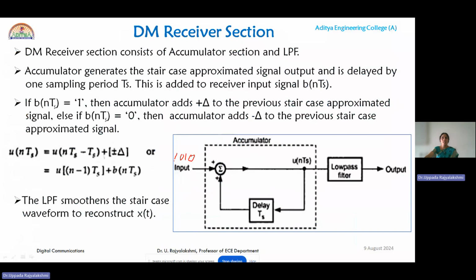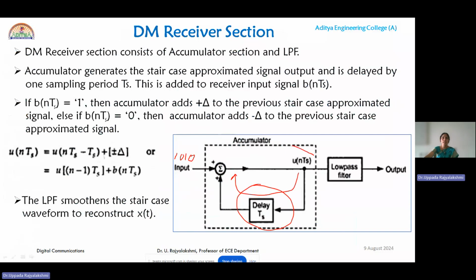If the upcoming bit is 1, then this summer, the accumulator, will add plus delta to u((n-1)Ts). u((n-1)Ts) can be obtained from the accumulator section, that is from the delay element.